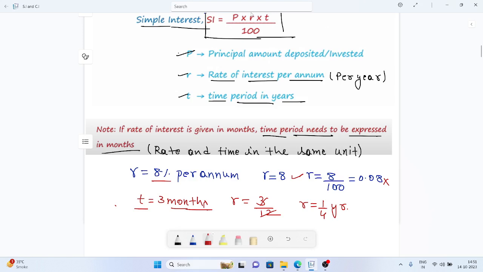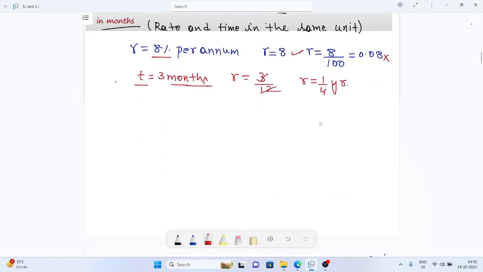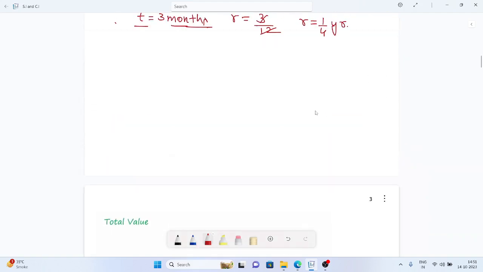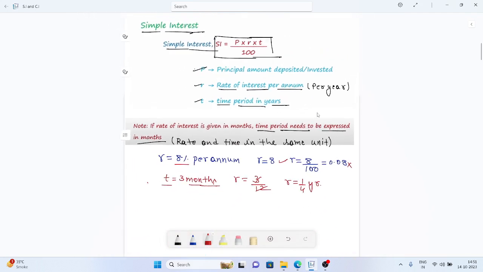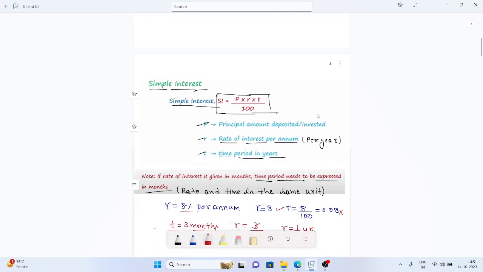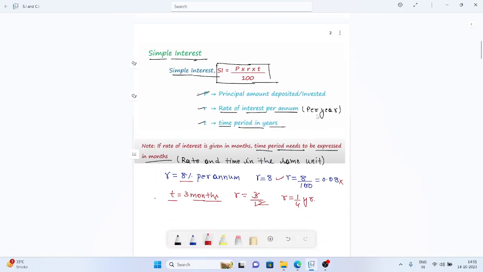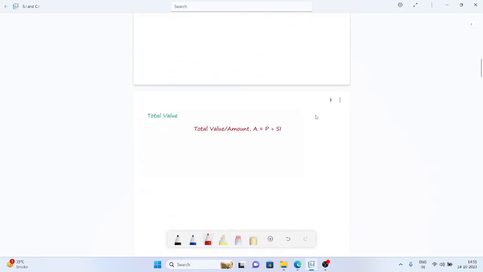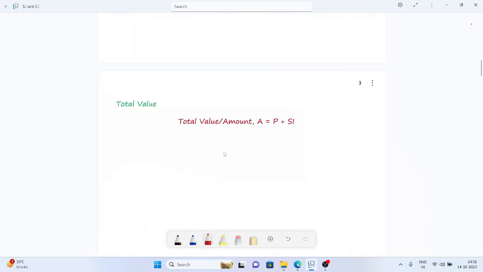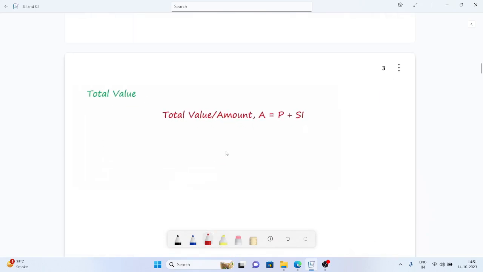Now we come to amount. What is the formula for amount? You got this all? So far so good. So please note it down. Then we move forward. Done? Okay. Now we come to the next concept, which is the total value, or we say total amount.